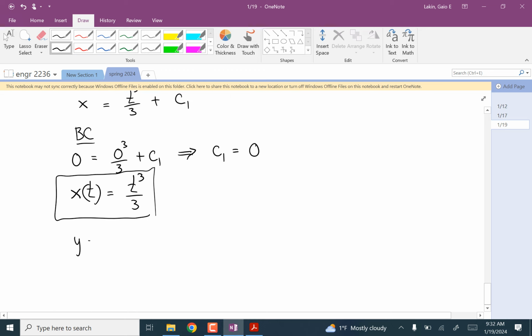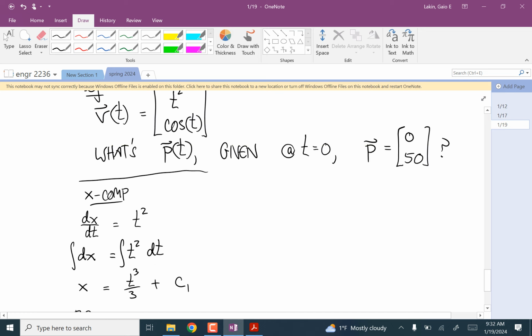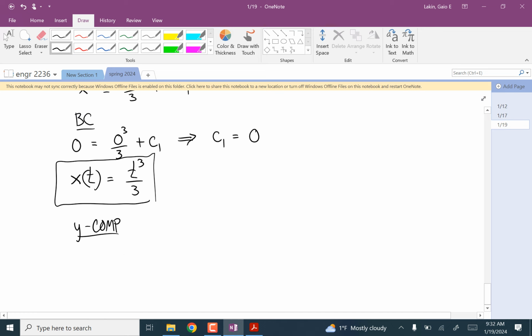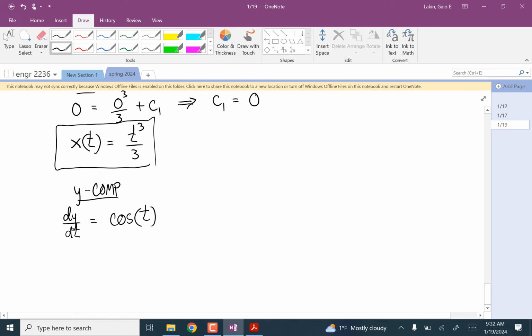And now the y component, we have cosine of time, so dy/dt is equal to cosine of time. Separate variables, dy is equal to cosine of t dt.